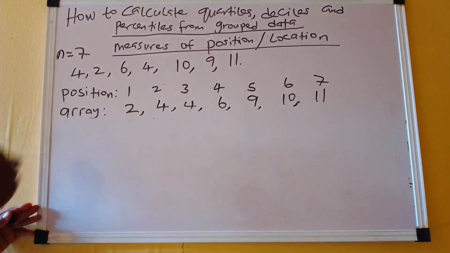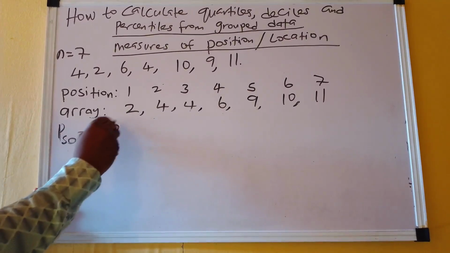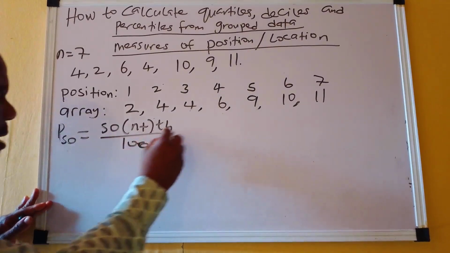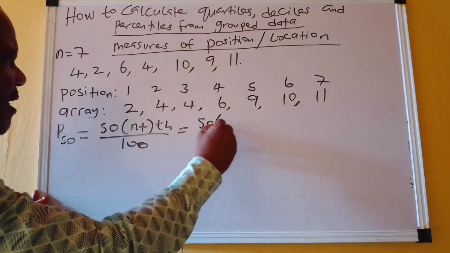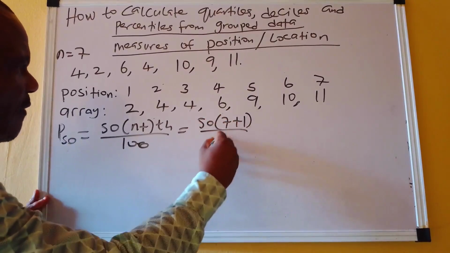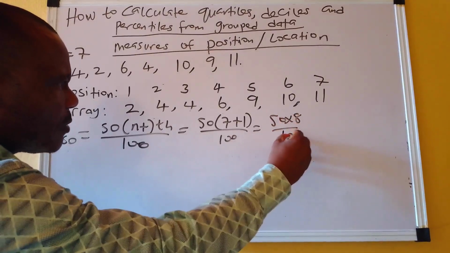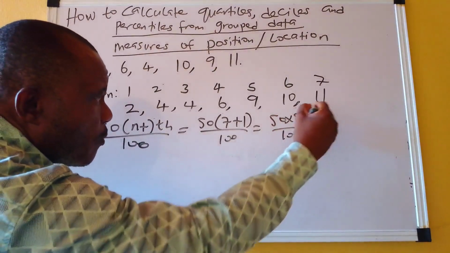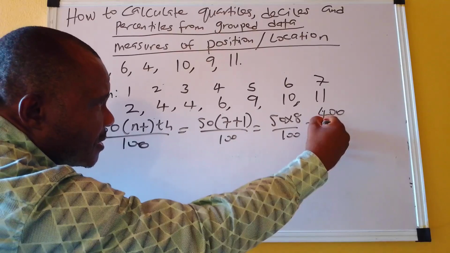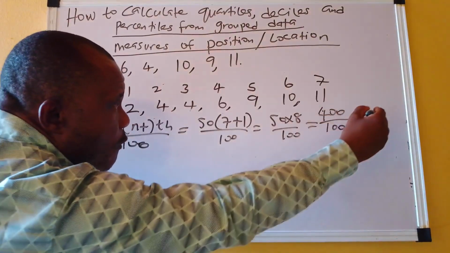So our P50 is equal to 50 into (n plus 1) all over 100, and that is equal to 50 into (7 plus 1) all over 100, which is 50 times 8 all over 100, that is 400 all over 100, and that is equal to 4.